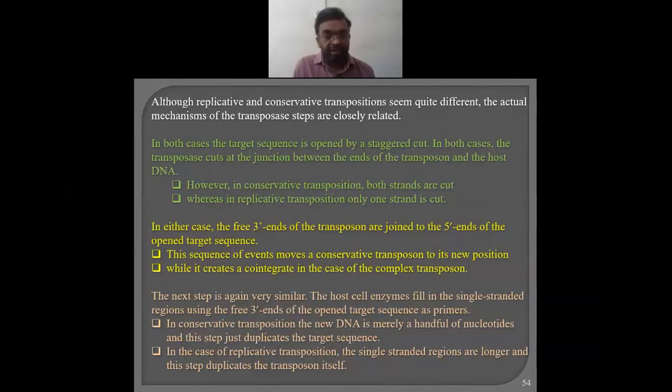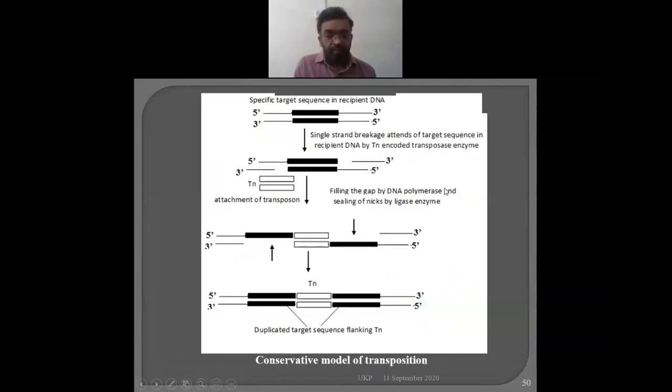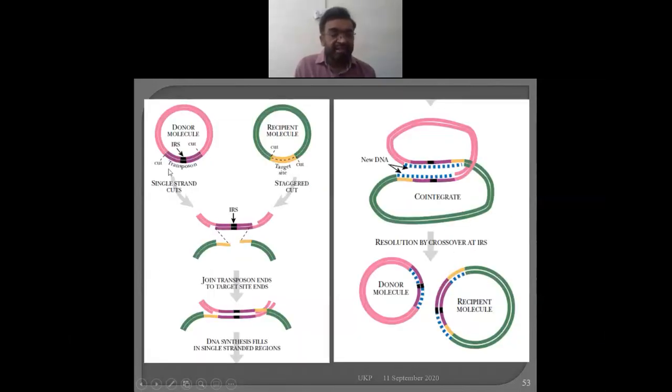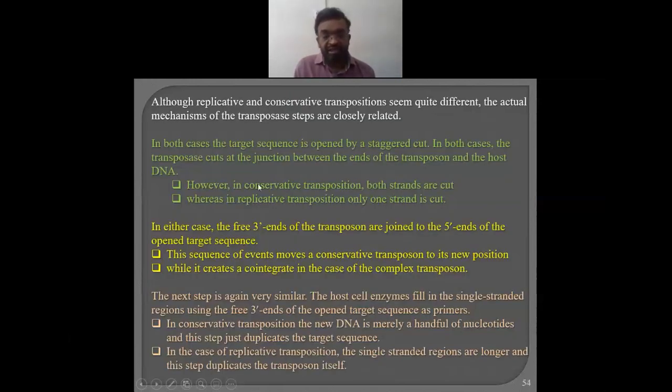But in conservative transposition, both strands are cut here, and due to this, the fragment is totally detached. In replicative transposition, a single strand is cut here, so the element is still a part of the donor molecule.